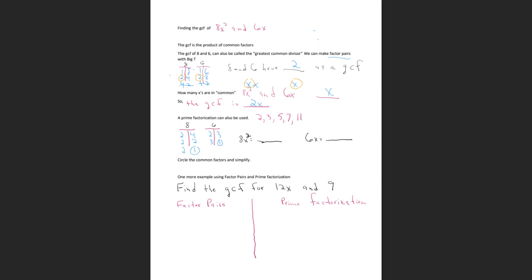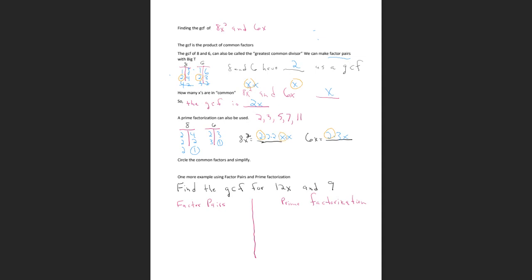So what I can do here is rewrite 8 as 2 times 2 times 2, and then I have this times x, if you will. And then this 6 is going to be 2 times 3 times x. So using this strategy, all we have to do is circle our common factors. Notice how they have a 2 in common, but they don't have a 3 in common.